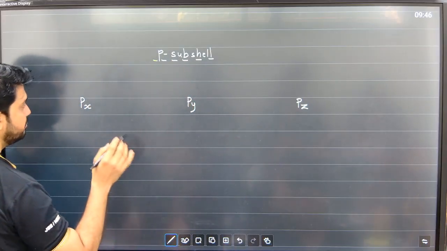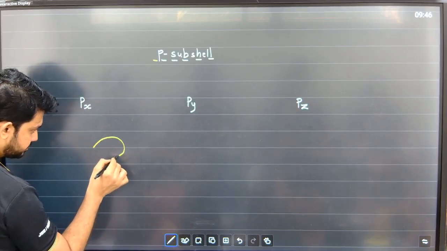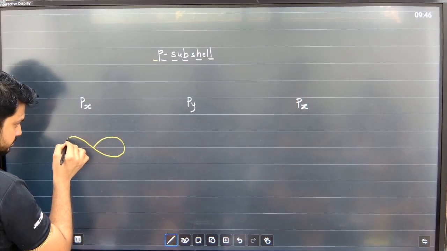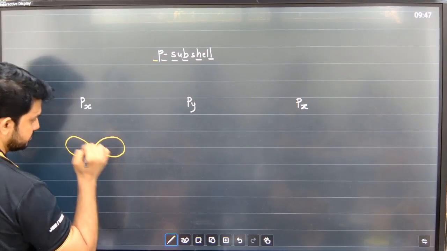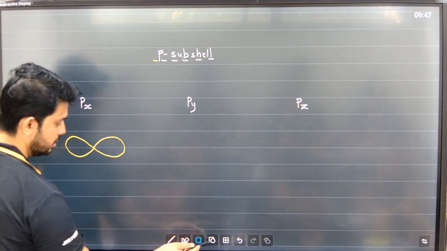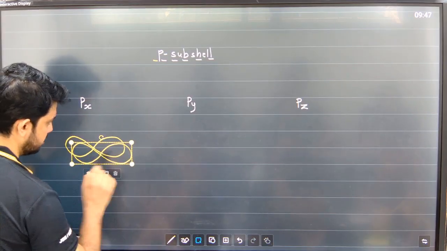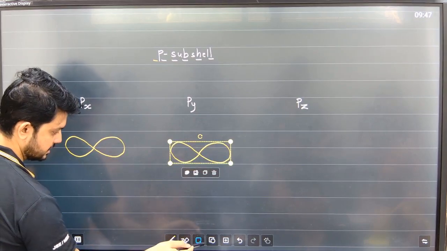And the shape for P subshell is something like this. This is along कौन सा axis बनाया people? X axis.